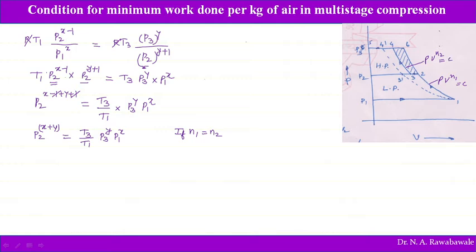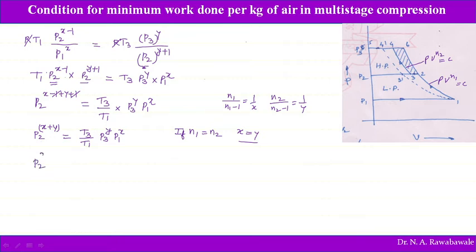So if the comparison follows same law, n1 is equal to n2, then x becomes equal to y, as we have assumed n1 divided by n1 minus 1 is equal to 1 over x, and n2 divided by n2 minus 1 is equal to 1 over y. If n1 is equal to n2, 1 by x is equal to 1 by y, that is nothing but x is equal to y.